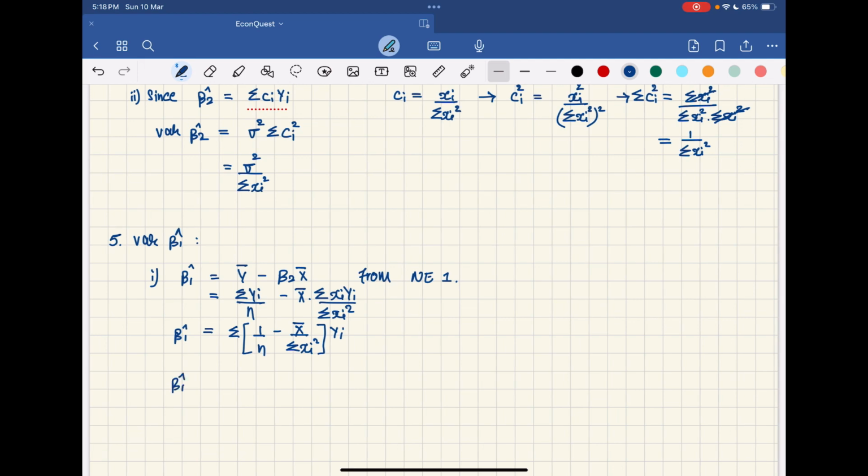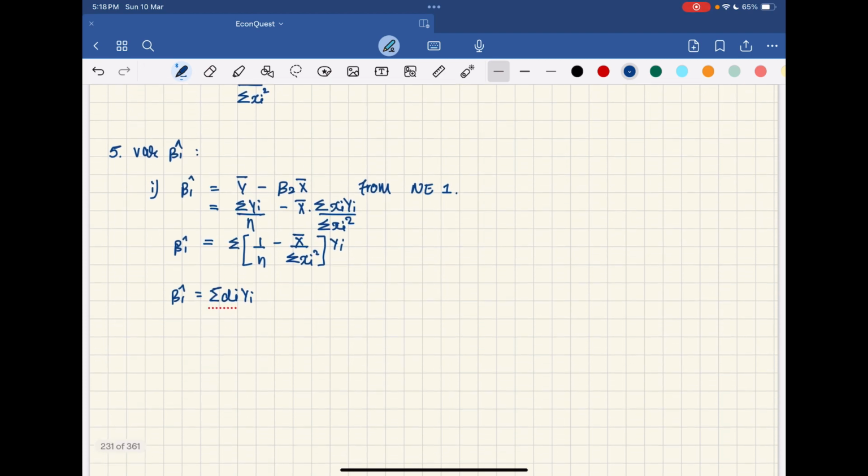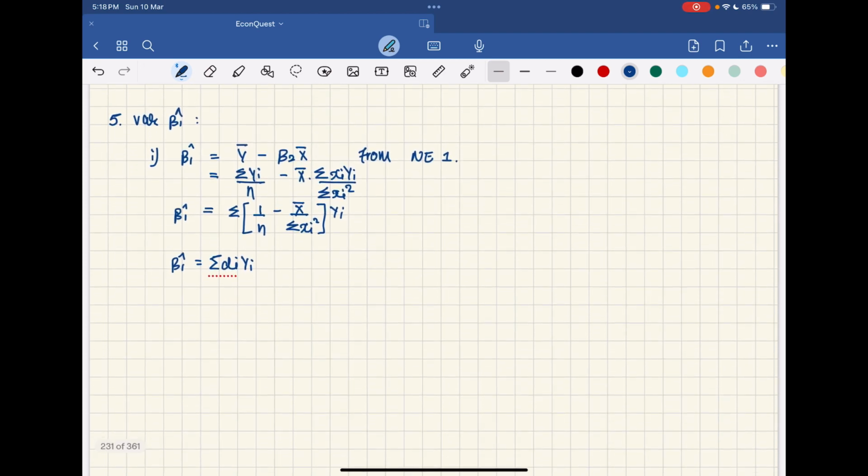So in short, we can assume that your beta 1 hat is equal to summation of di yi, where your di is equal to 1 by n minus x bar divided by summation of xi square, right?